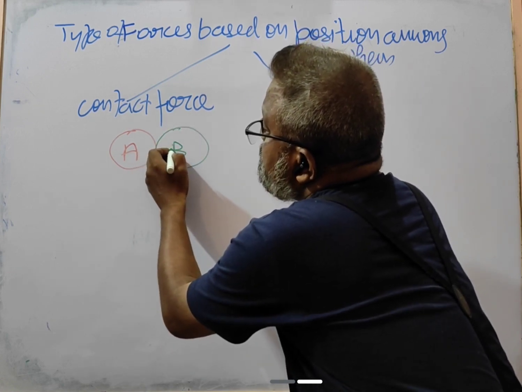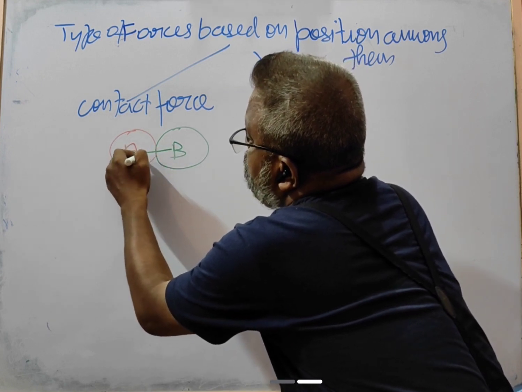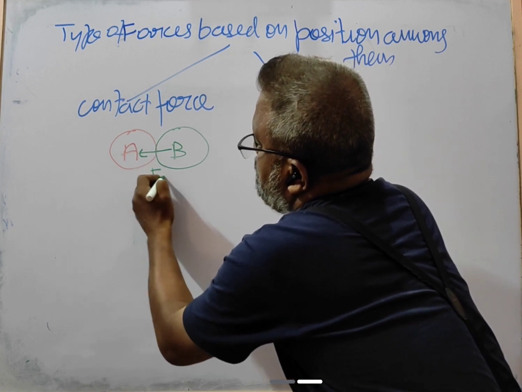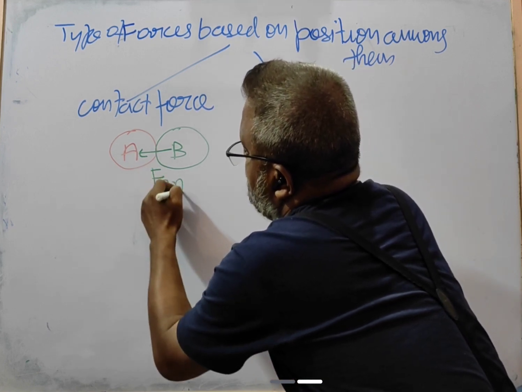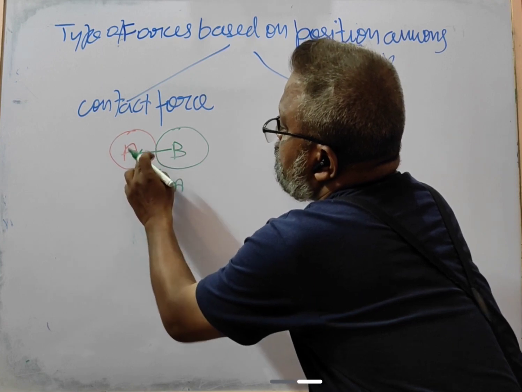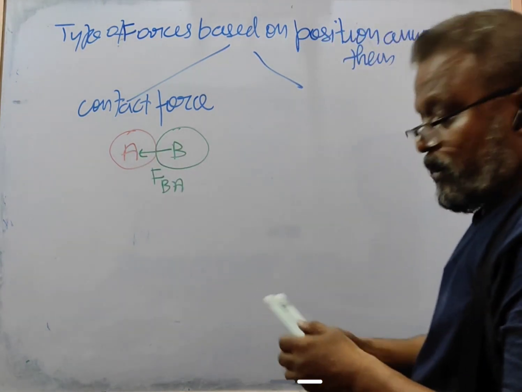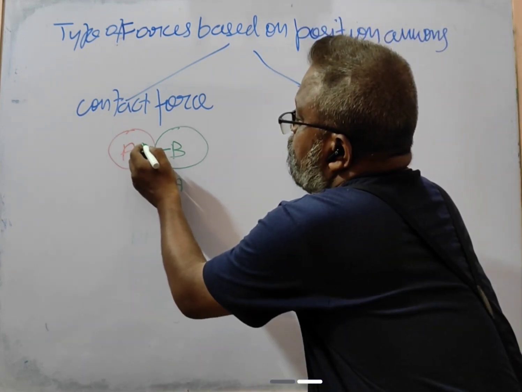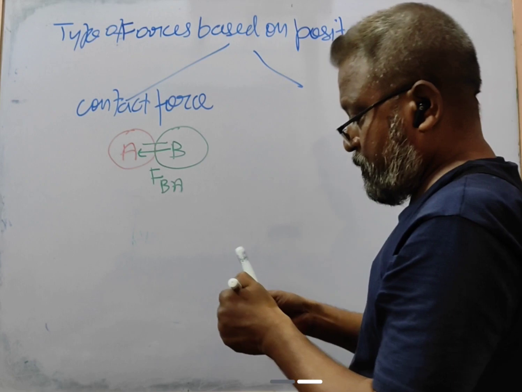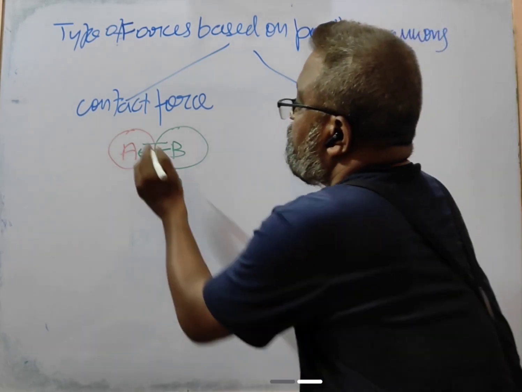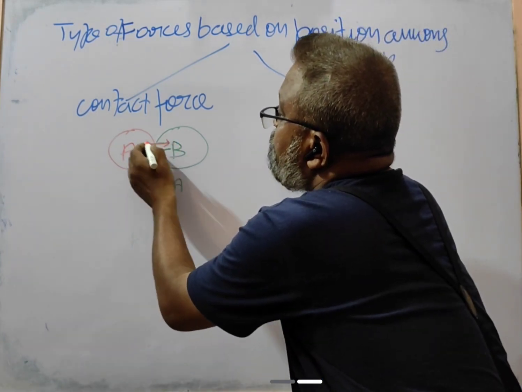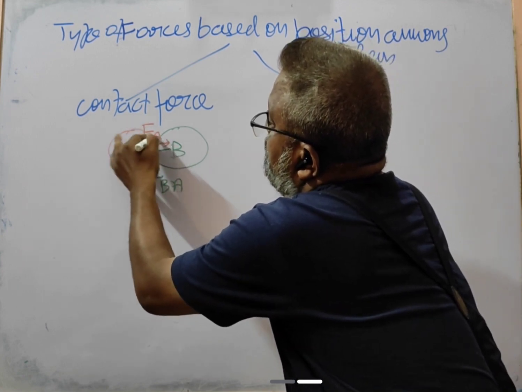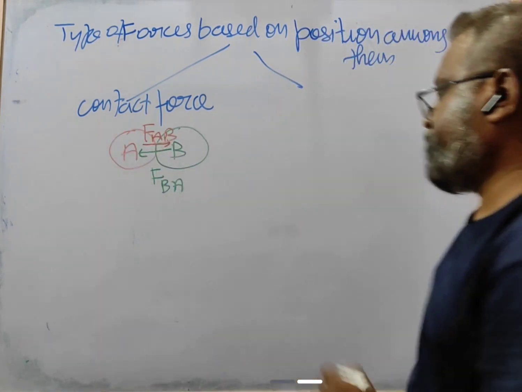So B is putting a force on A, that is called FBA. B is putting force on A, right? And here A is putting force on B. So that is force AB, right?